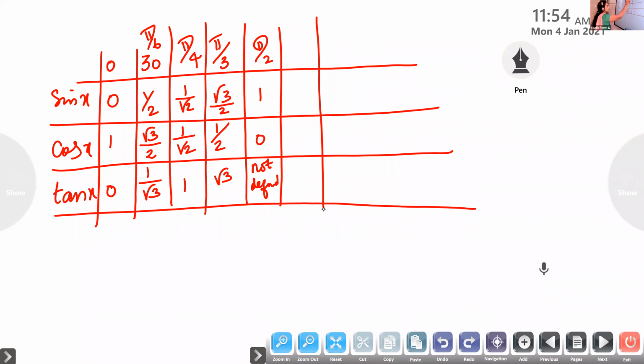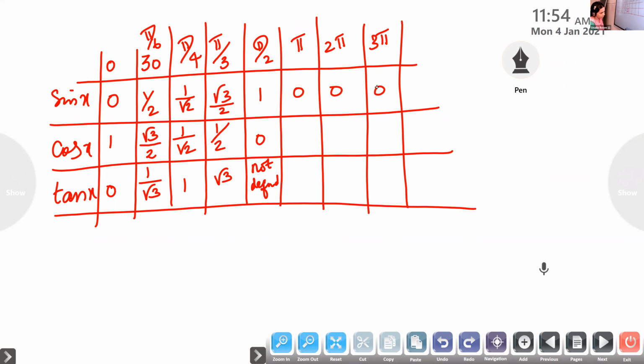Then next is pi. That day I gave one formula when I was explaining. For sine, all the multiples of pi will be 0: pi, 2 pi, 3 pi, everything will be 0. But for cos, what is cos pi?